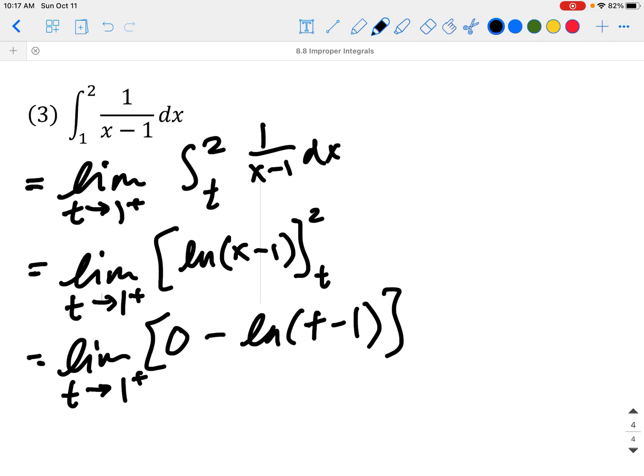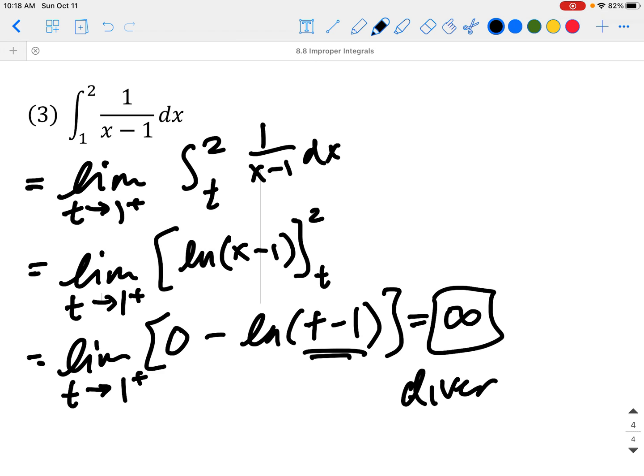And we can see that as we approach 1 from the right, t minus 1 is going to approach 0 from the right as well. And we know that the natural log is going to approach negative infinity. And so because this is the opposite of the natural log, we'll get that this equals positive infinity. And so it diverges.